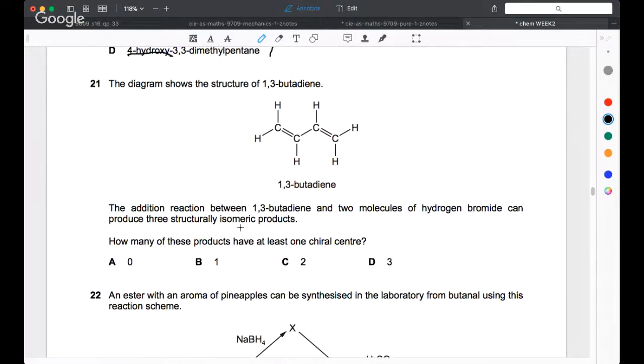Okay, wait. Question 2. I would draw all the products to begin with. So it's electrophilic addition.